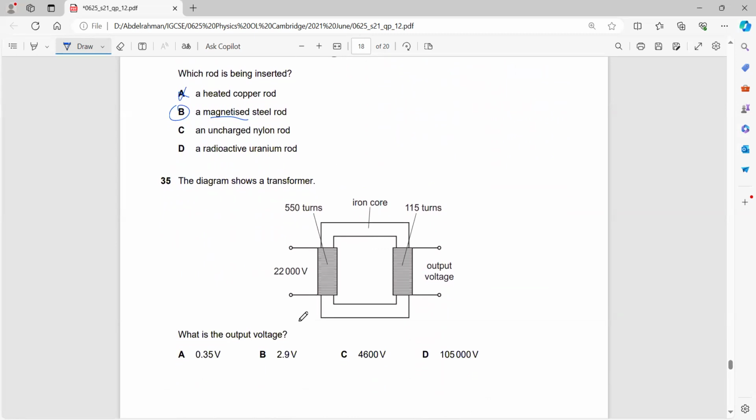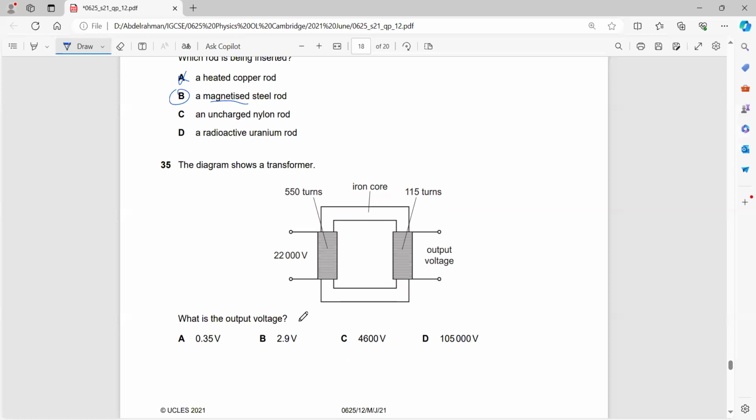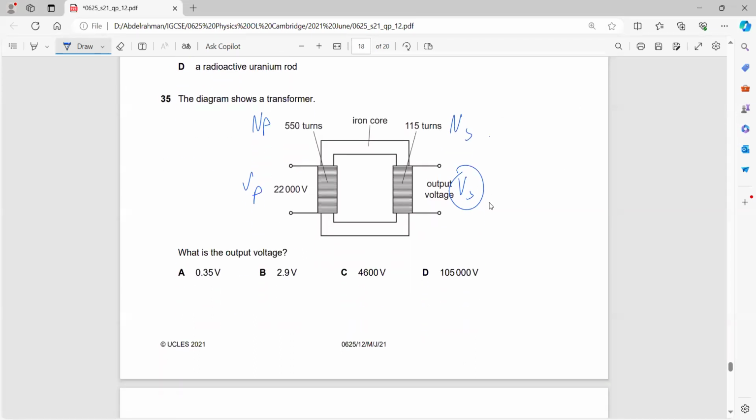You have a transformer. What is the output voltage? This is the VP, and this is NP. This is NS. You need VS. We can use only one equation: VP over VS equals NP over NS.